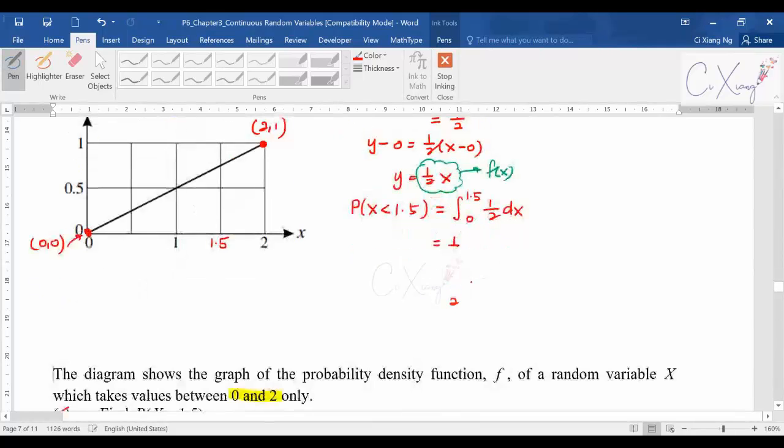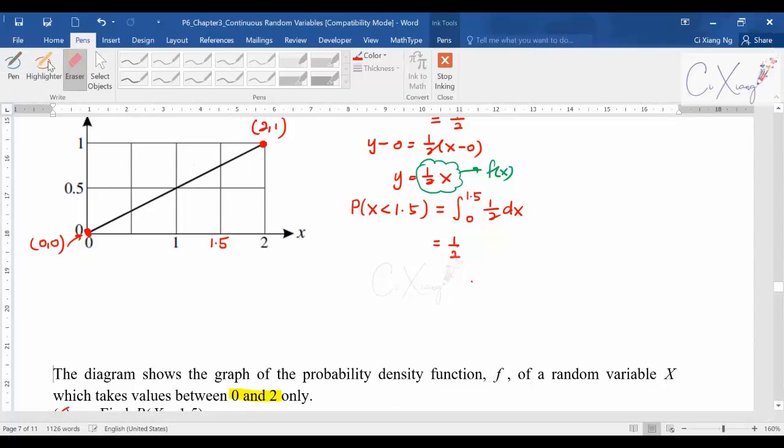Alright, so I'm having 1 over 2 here. And then I forget to write out the x. Wait, so there's an x here. Okay, so half x dx. So I'm having 1 over 2, and then integrate the x, I'm having x squared divided by 2.